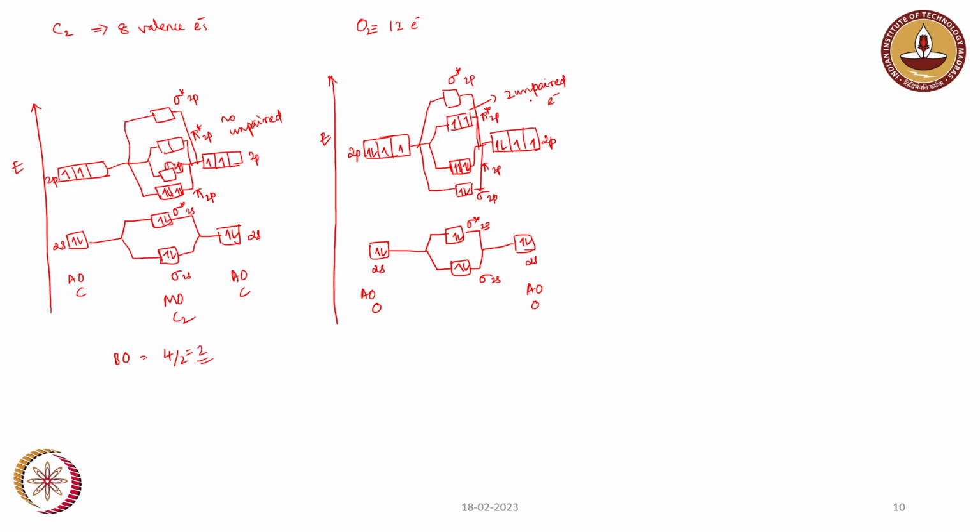And next one is Li2. In Li2 only 2 valence electrons are there.